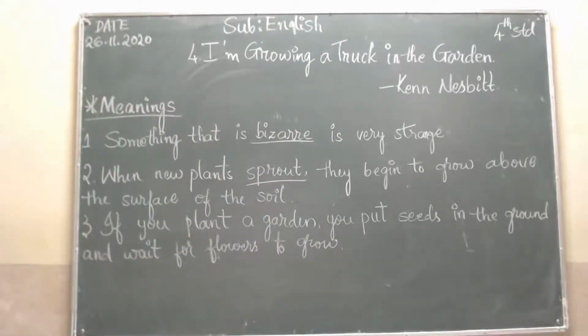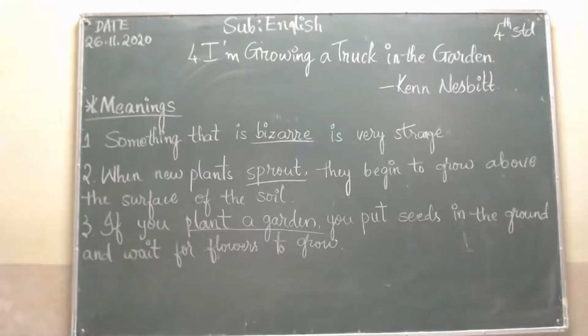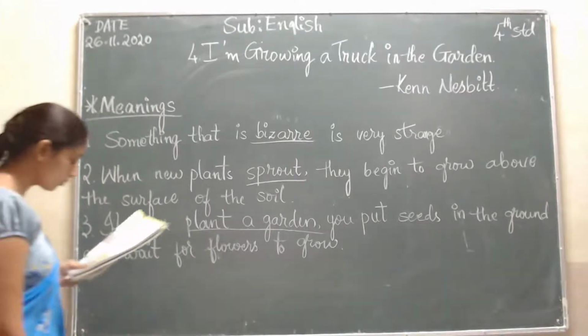So the meaning of plant a garden is nothing but you put some seeds in the ground, and you have to wait for flowers to grow.